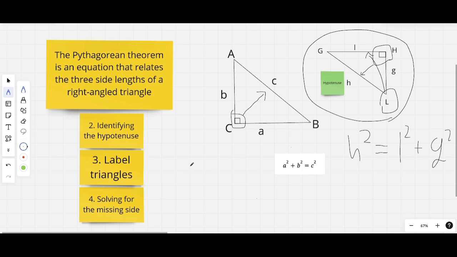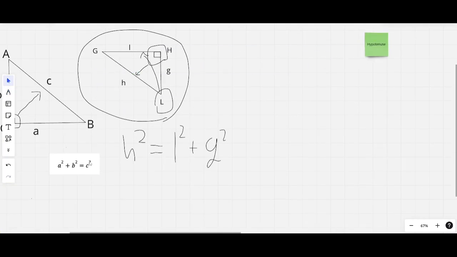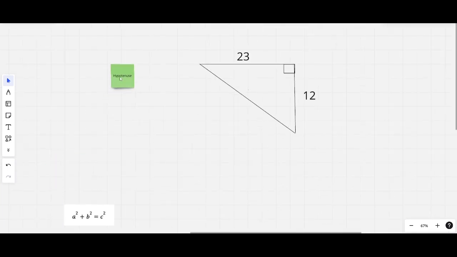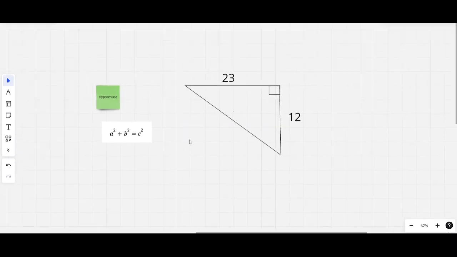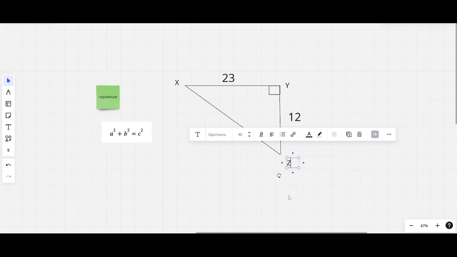Now let's go to more practical examples with numbers. So the first thing over here, let's look at this top one, is let's label our variables. So I will label this X, Y, and Z. Now let's label our sides.